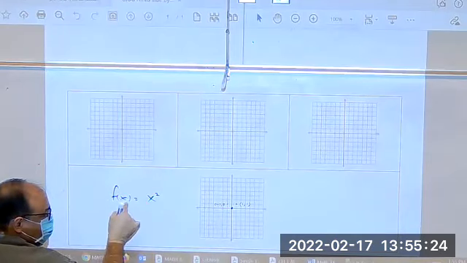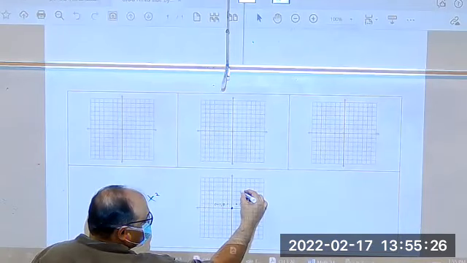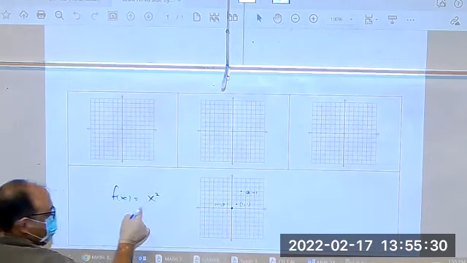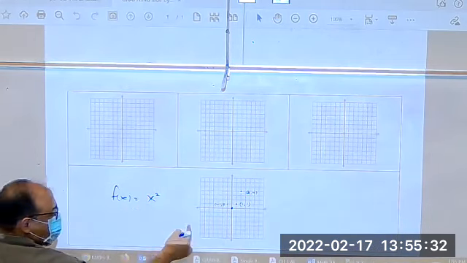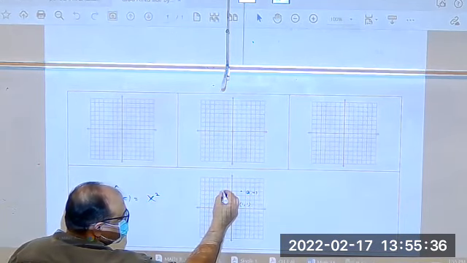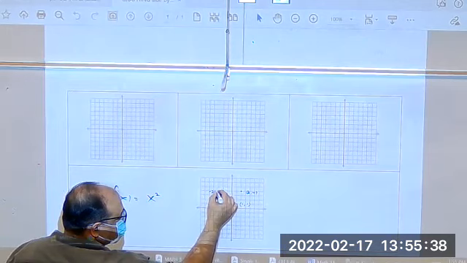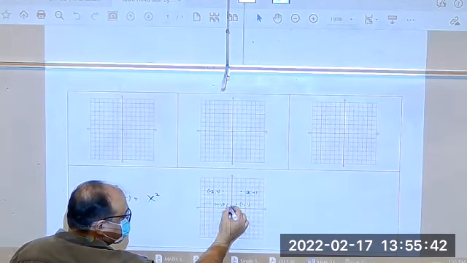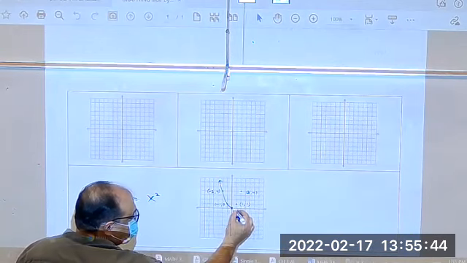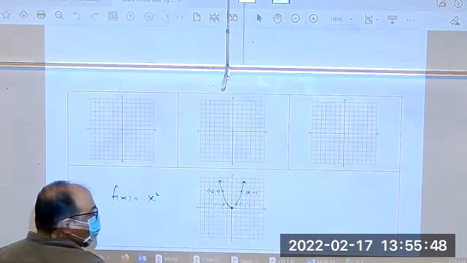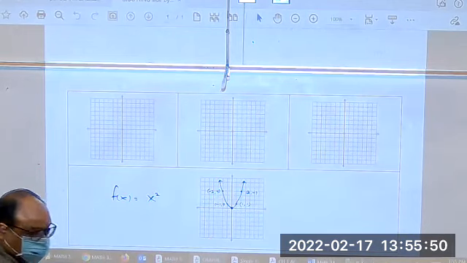When you plug in 2, 2 squared is 4. And when we plug in negative 2, squared is also 4. And so the parabola does this. And that's our parent curve.